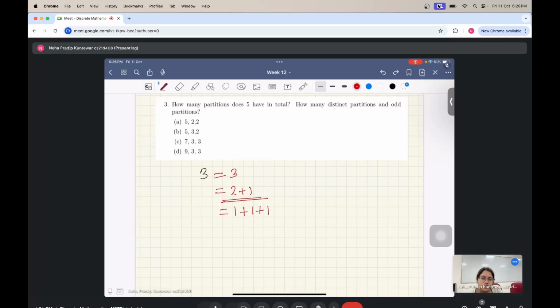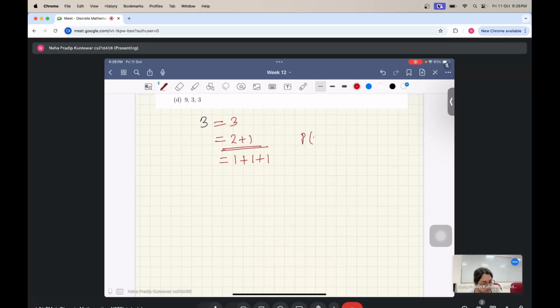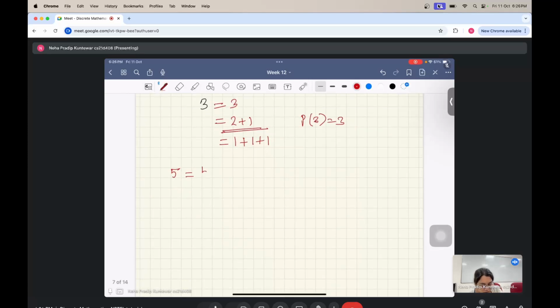So the number of partitions that 3 has here is 3. So P of 3 is 3. Now let's understand the number of partitions that you can have for 5. One is that you just have a 5. You could have 4 plus 1. You could have 3 plus 2. Or you could have 3 plus 1 plus 1.